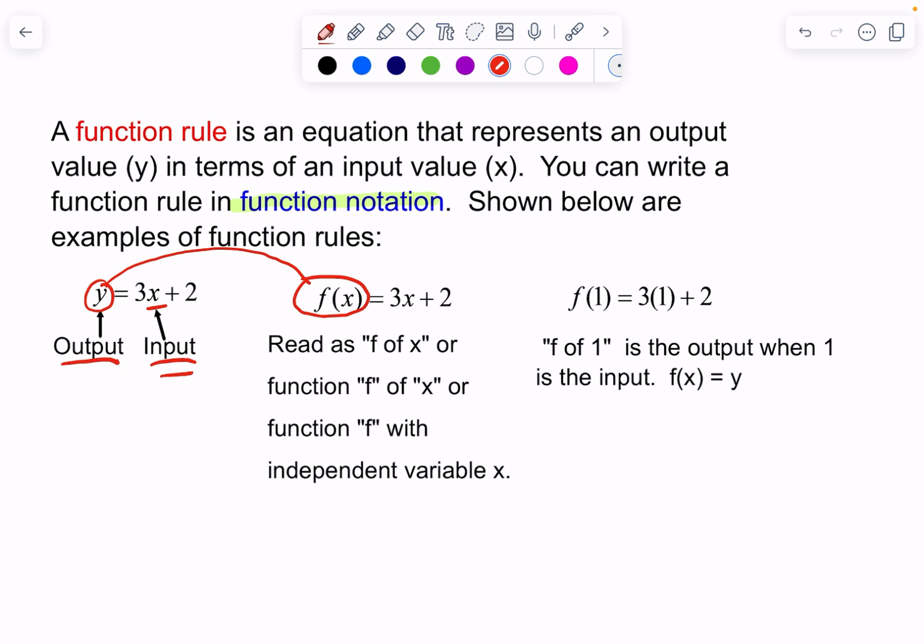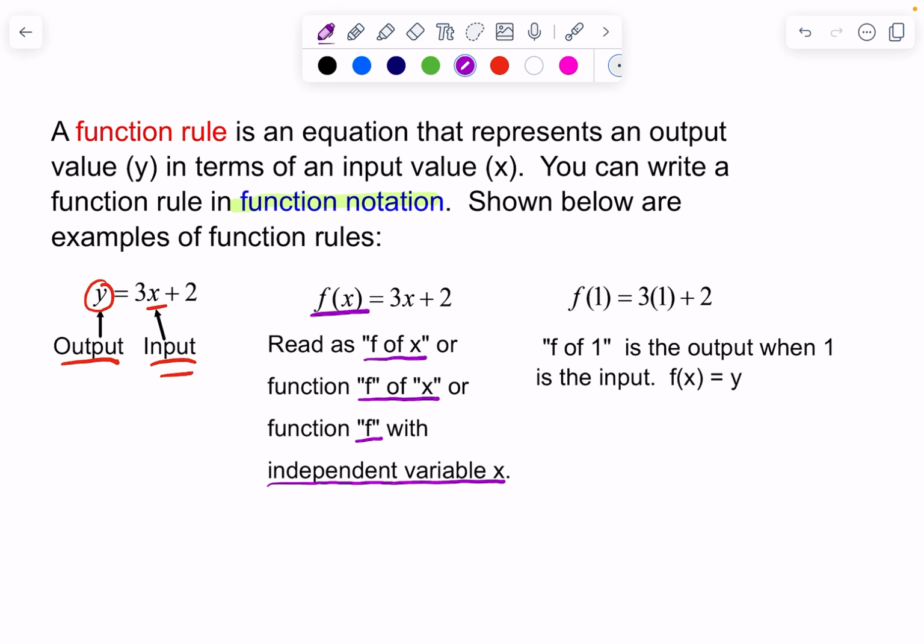In function notation, it would be written as f of x equals 3x plus 2. This is not f times x, my friends. This is read as f of x, or function f of x, or function f with the independent variable x.